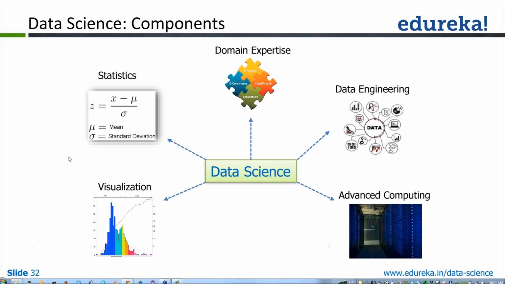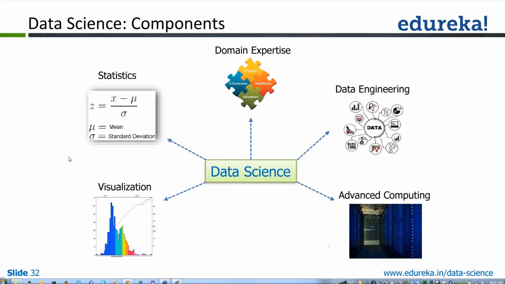Exactly. Aruna says, I believe it is unrealistic to have one person called data scientist with all the attributes. That's absolutely true, but that's what you expect. If you see any data scientist job posting, you will have a lot of these things, right?